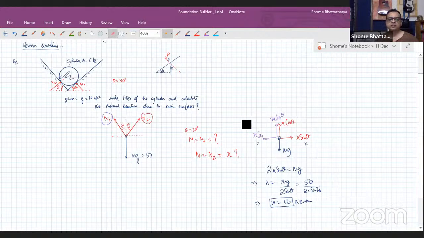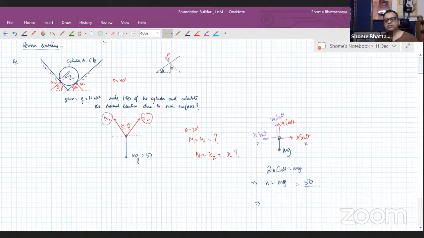So just make a small adjustment here. Okay. So it will become 2x cos theta is balancing mg.